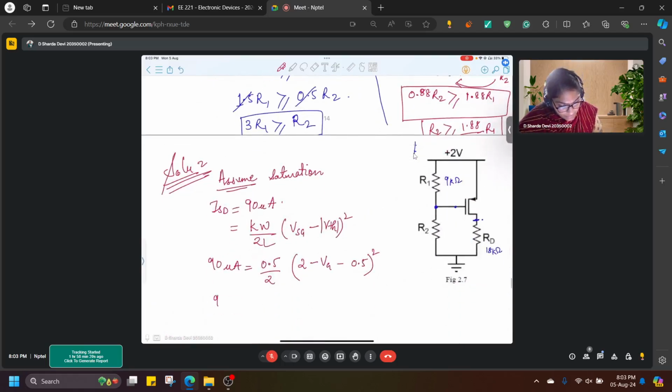That is, 90 micro equals 25 into 1.5 minus VG squared.